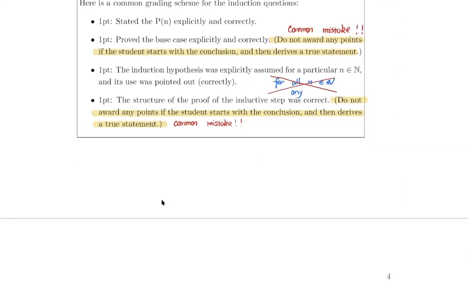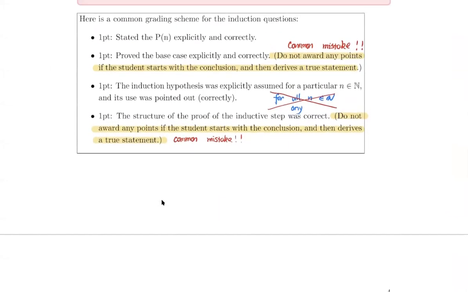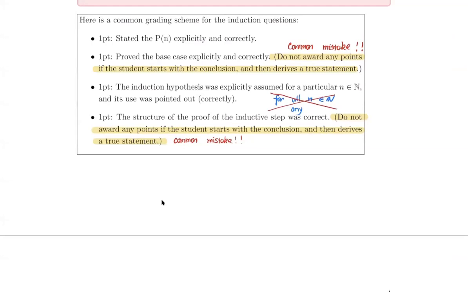So, the grading scheme, let me make it small. Actually, this is hard. Everyone take a screenshot of the grading scheme. Ready? Actually, I can do it myself. Let me take a screenshot.